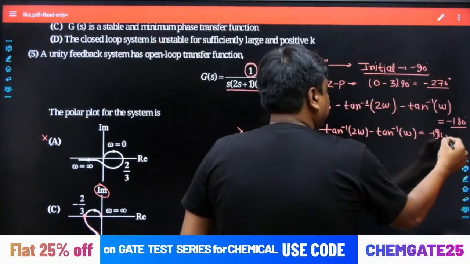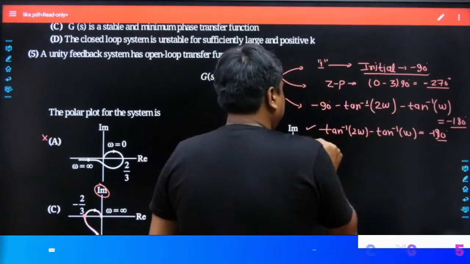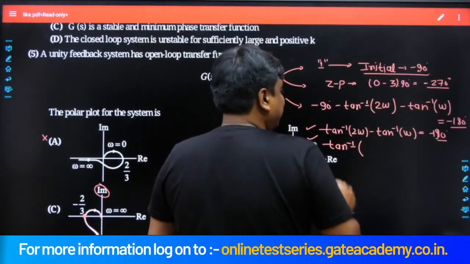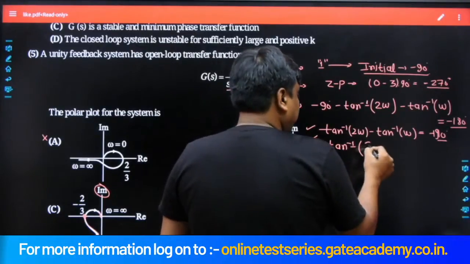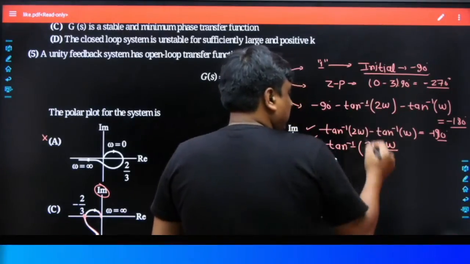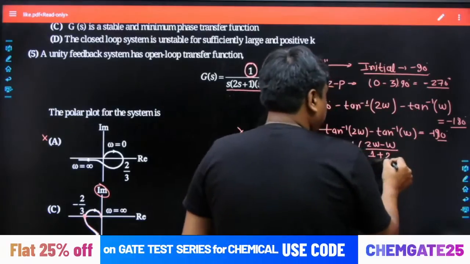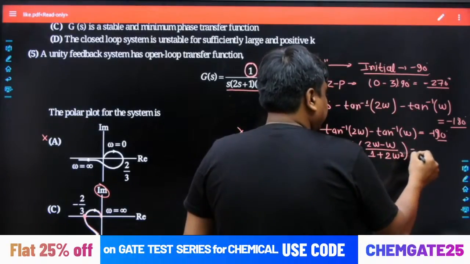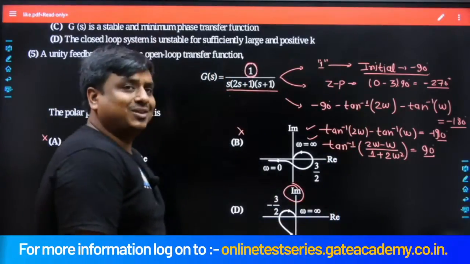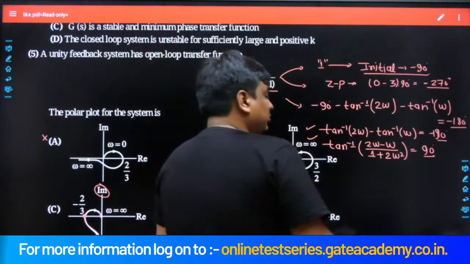Now we use the inverse trigonometry identity we used earlier: tan inverse of A minus tan inverse of B equals tan inverse of (A minus B) divided by (1 plus A into B), and that is omega divided by 1 plus 2 omega square, still equal to plus 90 degrees. When the tan inverse is shifted to the right hand side, we know the tan of 90 is infinity.